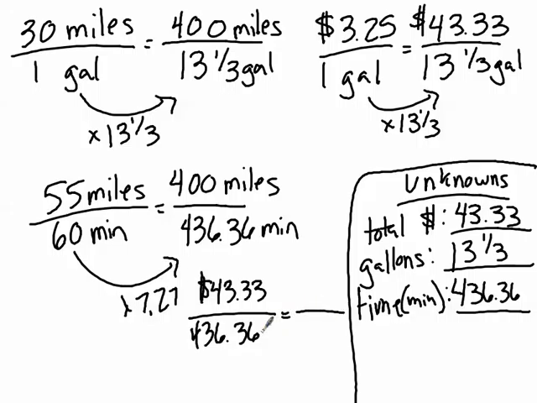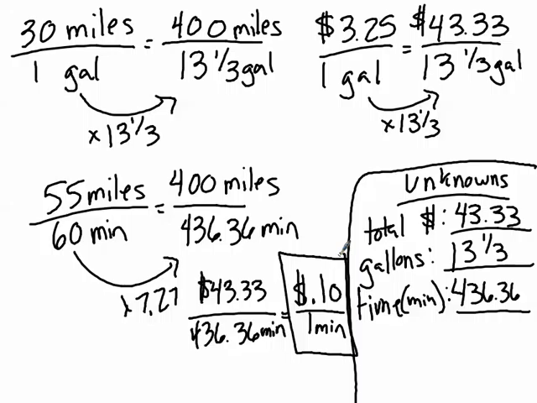And I want to know for 1 minute, what does it cost? 43 divided by 436 is going to give me 10 cents per minute.